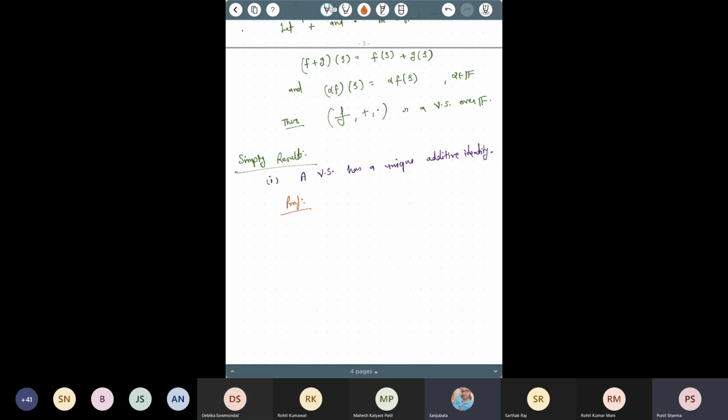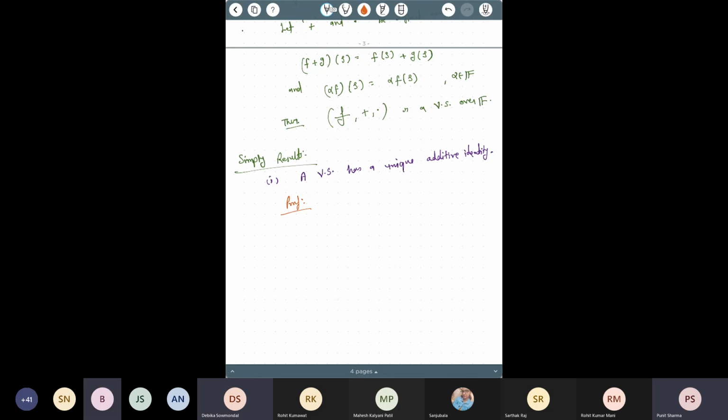Okay, so how would you do that? Sir, we can show both are equal. Yes, if you do it this way, then you have to justify. Let there be two additive identities, then we prove that the two are equal.